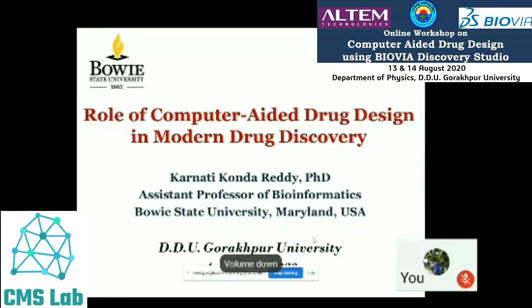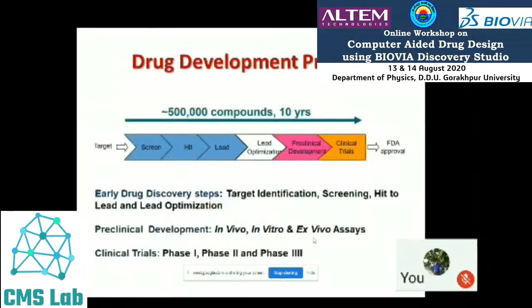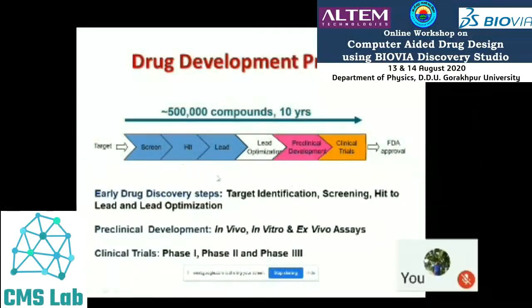If you look at the drug development process, Professor Tiwari gave a brief overview of computer-aided drug design. I'm going to touch on a few points of the overview myself, and then go more into the case studies. Drug discovery takes 10 to 15 years. It looks simple: screening, lead identification and lead optimization, then preclinical development and clinical trials.